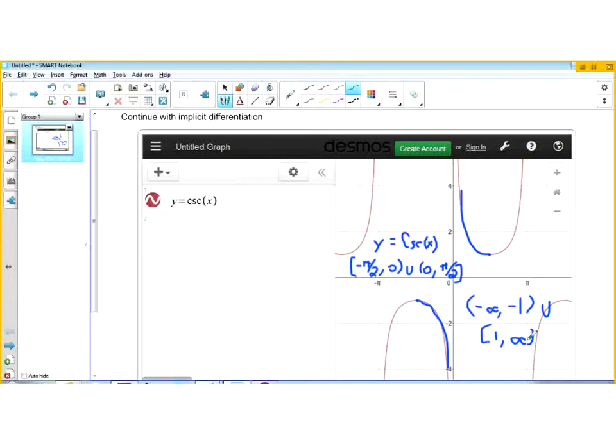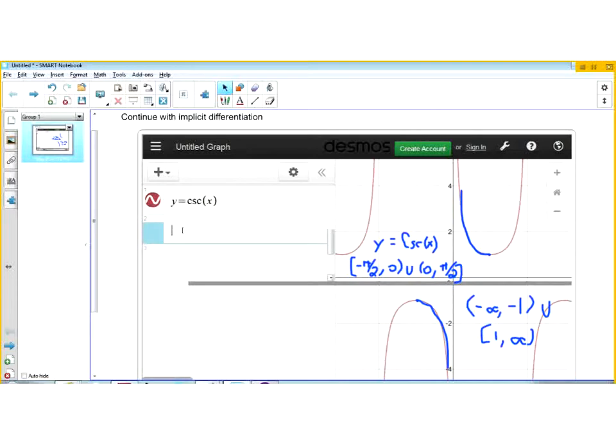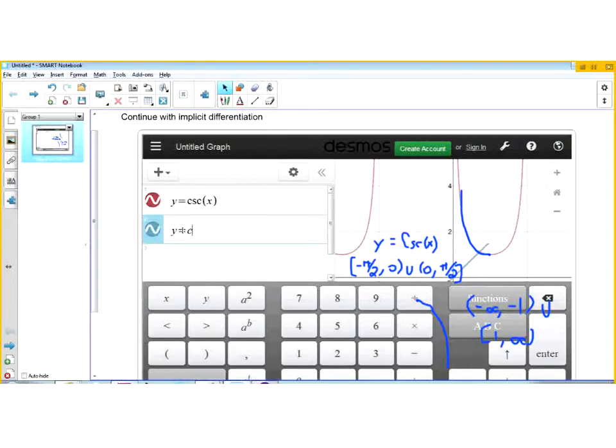Okay, so this is the principal cosecant x. One other thing we probably should graph on here would be the cotangent function, because we'll be needing that when we do the implicit differentiation, and that'll be shown in blue.